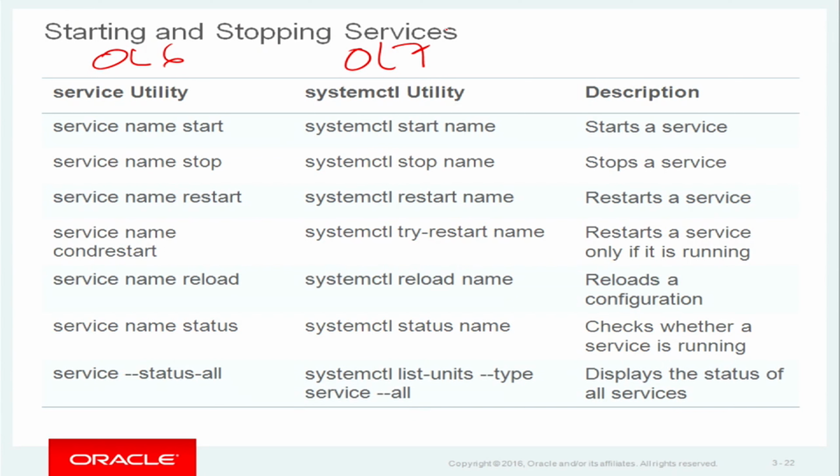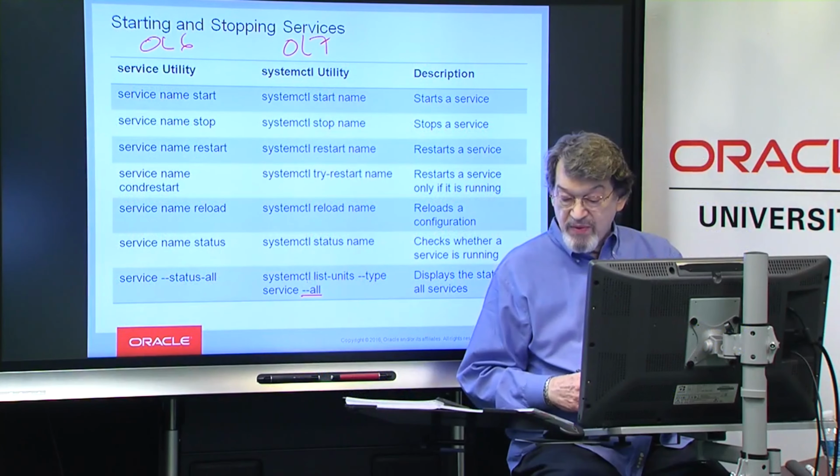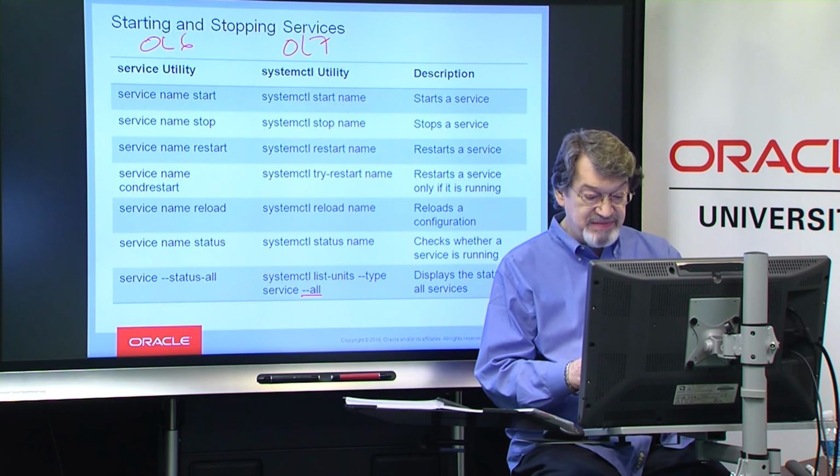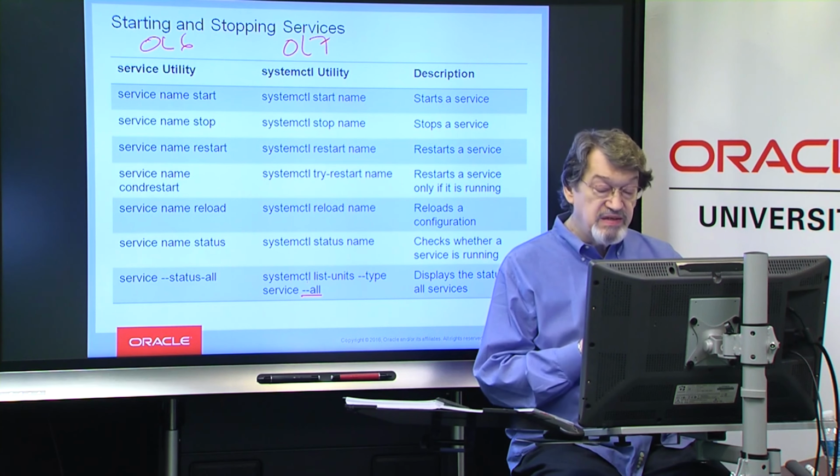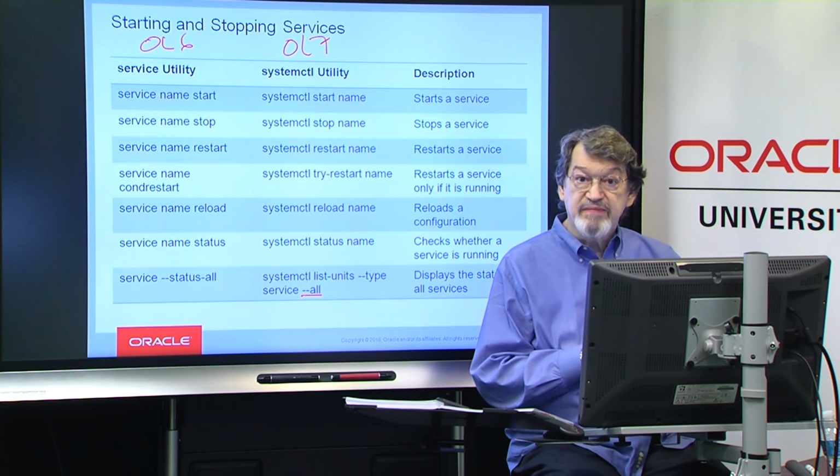And then the operator down here at the bottom, systemctl list-units --type service --all. So what I want to do is I want to see all of the service types.